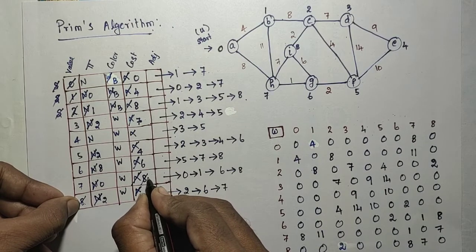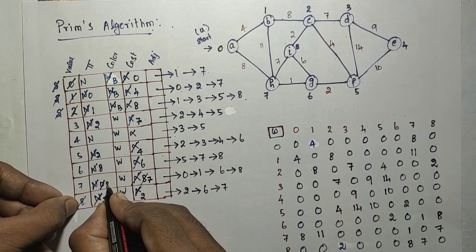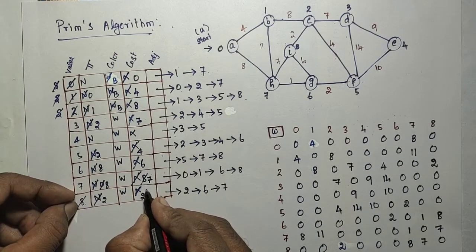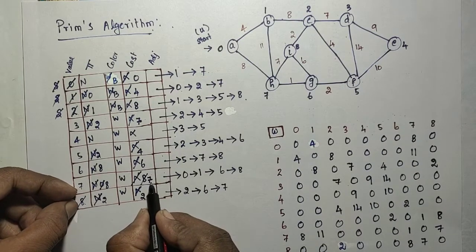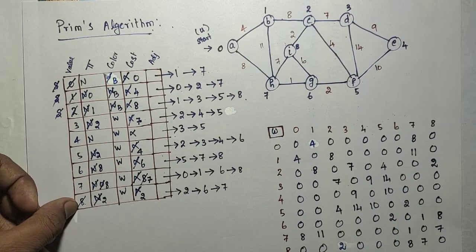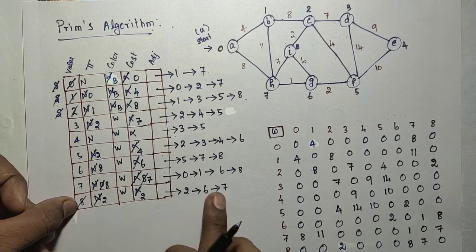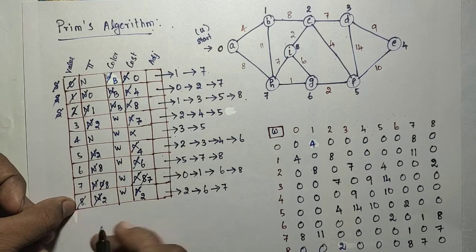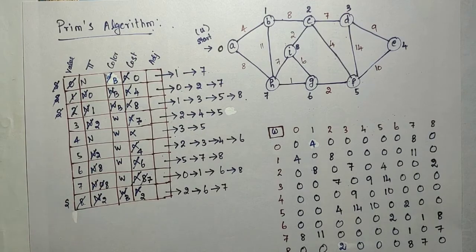It is reduced to 7, and the parent is also updated with 8. Previously 0 to 7 cost is 8. That is updated. Now 8 to 7 cost is 7. The cost and the parent are updated. Now 2, 6, 7 all are over. Now that 8 needs to be changed to black.